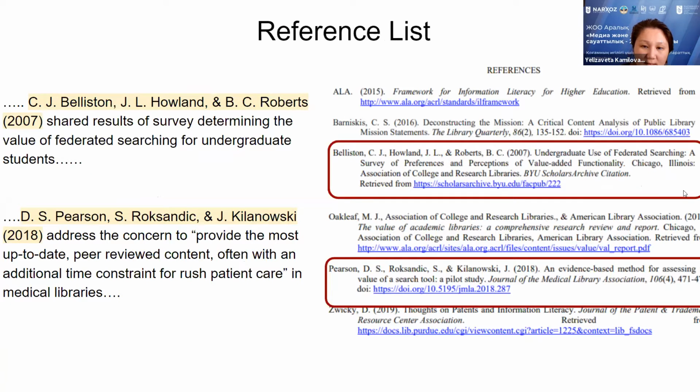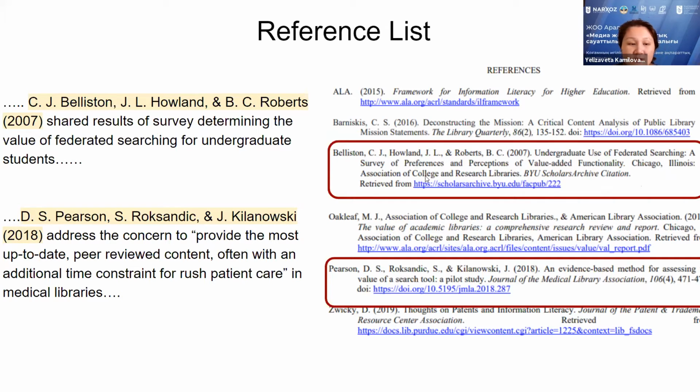Reference list. The reference list, as I said, is the information represented at the end of your paper, listing all the information you used within the body of your work. So let's say we take this example of Yelizaveta, Holland, and Roberts; this in-text citation should be provided in the reference list here.